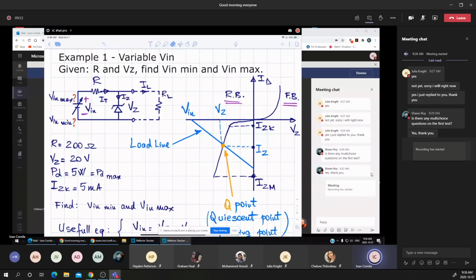You notice that I have the IZK, and remember that I was talking about the knee of the graph. To avoid any confusion between uppercase and lowercase, these are the minimum and the maximum current that can flow through the diode.